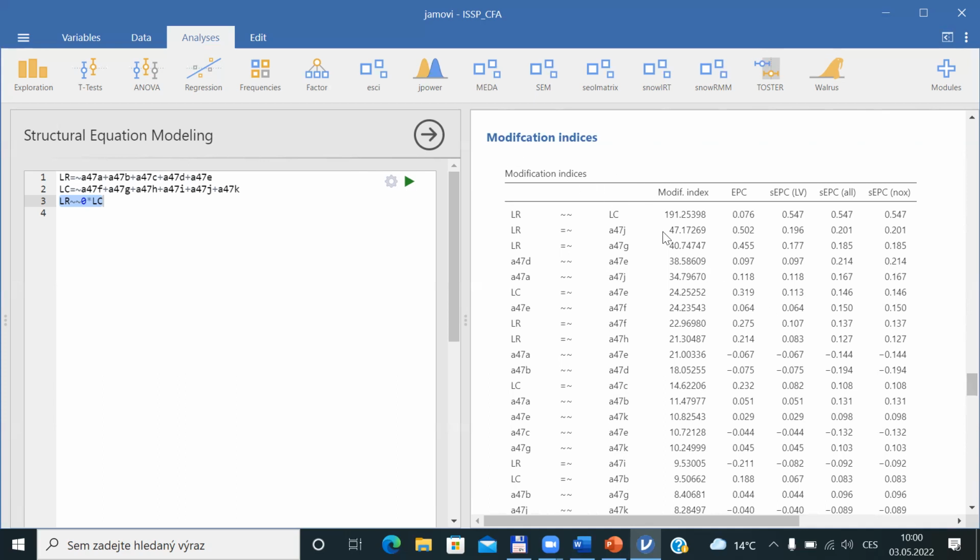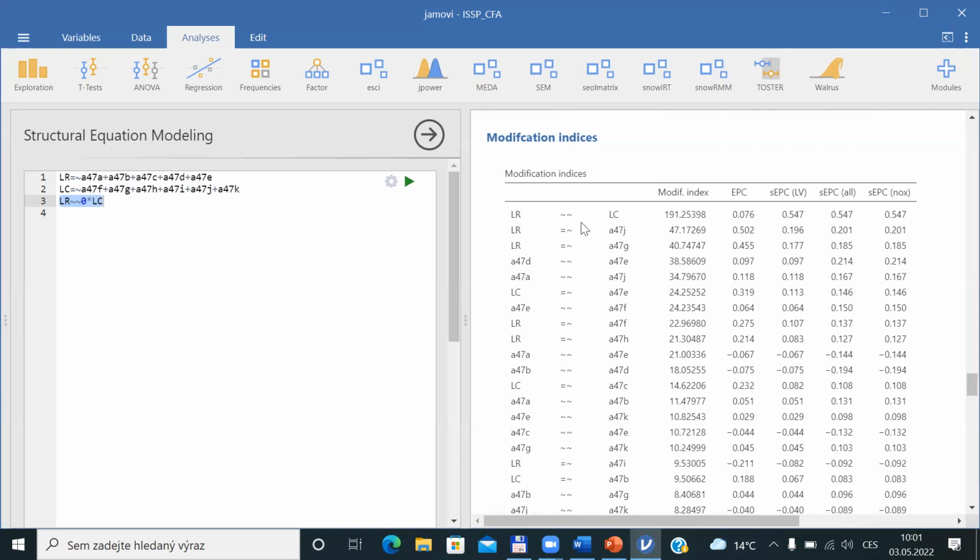So this table, which is nicely sorted according to the value of modification indices. Once again, a modification index is nothing more than the difference in the chi-square test criterion for a model which includes some more parameter and one which is not including this parameter. And you can see that the biggest value of modification indices says that you should add a relationship for latent variables. So it means left-right and liberal-conservative scale.